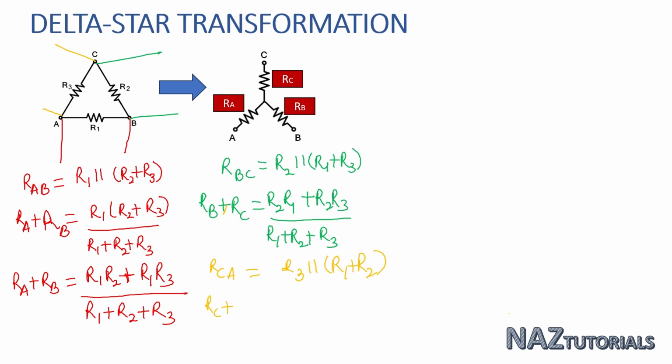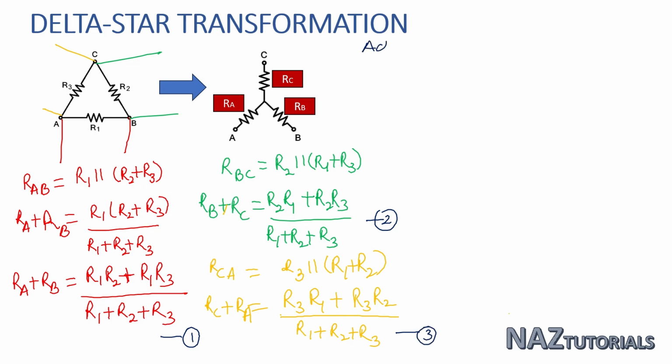So you can write RC plus RA is equal to R3 R1 plus R3 R2 divided by R1 plus R2 plus R3. So here we see the equivalents between points AB, BC and CA. So this is our equation 1, this is our equation 2 and this is our equation 3.